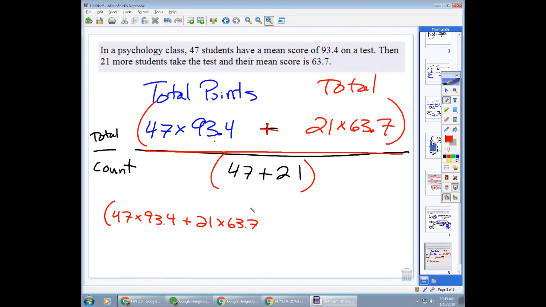There's nothing wrong with doing it in stages and writing them down, but it's kind of cool when you can do it in one shot. So that's how I had to type it into my calculator. I could type this into a spreadsheet also with an equal sign, and that would work out fine.